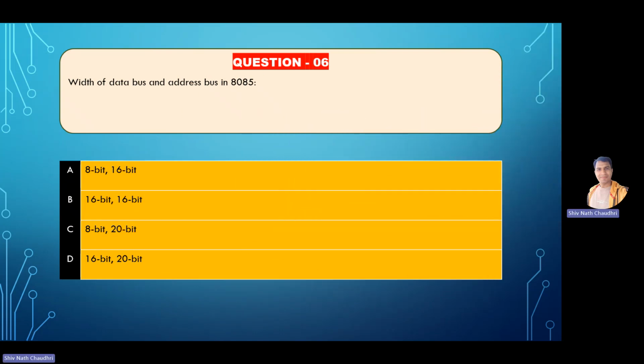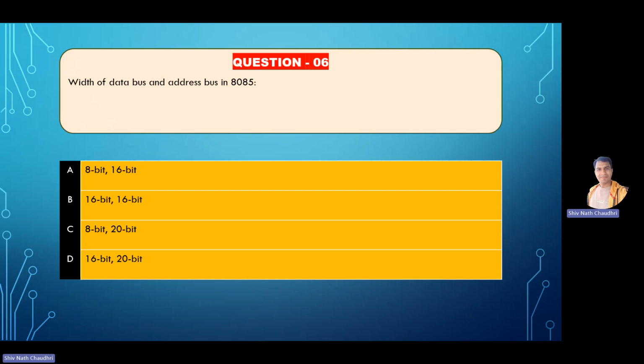Question number 6. Width of data bus and address bus in 8085. If you remember the pin diagram of 8085, then you have 8 data buses D0 to D7 and address lines up to A15, but the lower order address bus is multiplexed with the data bus. The question is about the width of data bus and address bus.